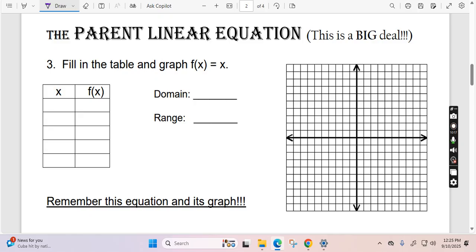So our parent function is going to be, we're obviously going to plot our point here in the origin, up 1 over 1, up 1 over 1. And once I get all these dots drawn, I'm going to draw a line through it.